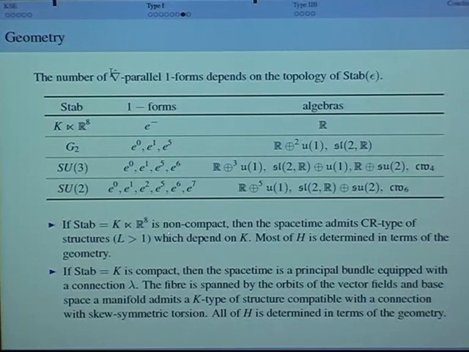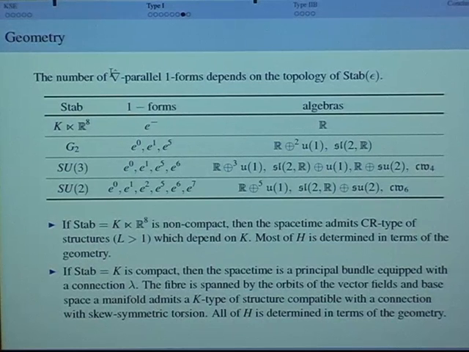For the non-compact cases, the space-time admits what's called a Cauchy-Riemann type of structure, which depends on what kind of maximal compact group K one has. And H is determined, most of it, in terms of the geometry and the various invariant fundamental forms that these manifolds admit.